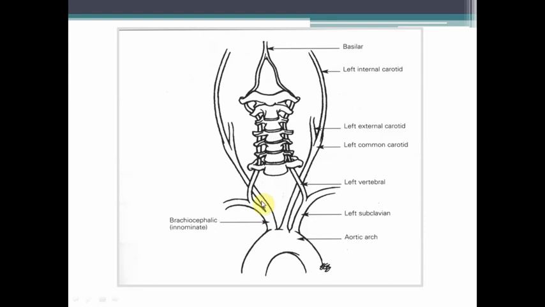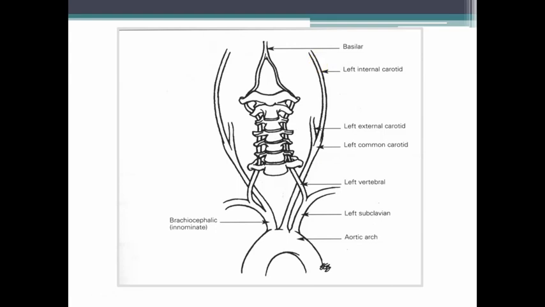So here the brachiocephalic artery again divides into the carotid and the vertebral artery. This is the right common carotid, and this is the vertebral artery. When it goes up, you can see this is the external carotid artery, this is the internal carotid artery.